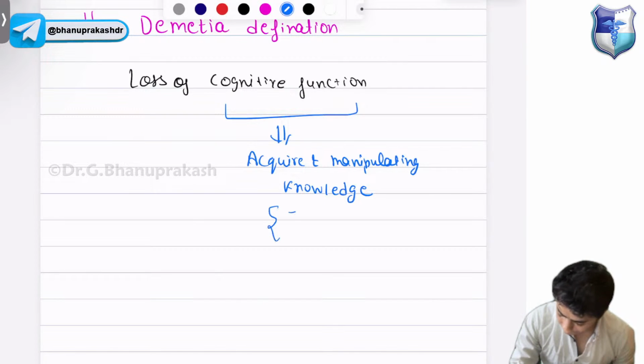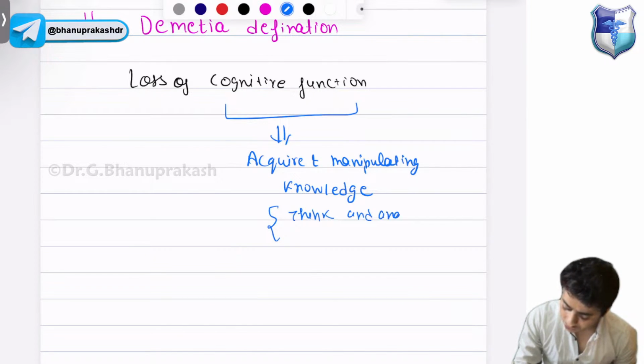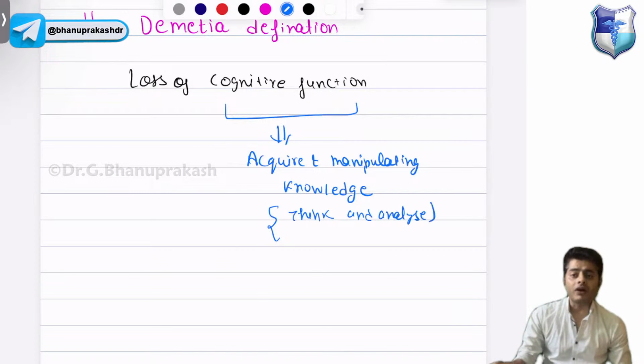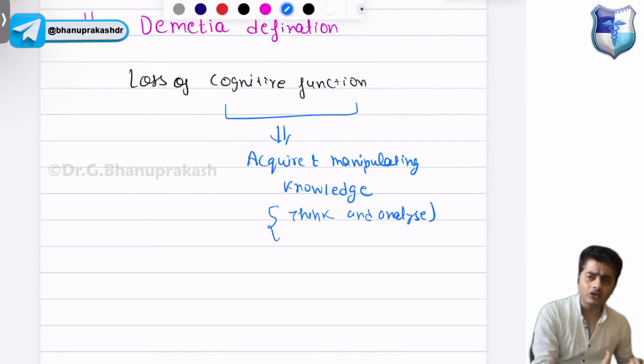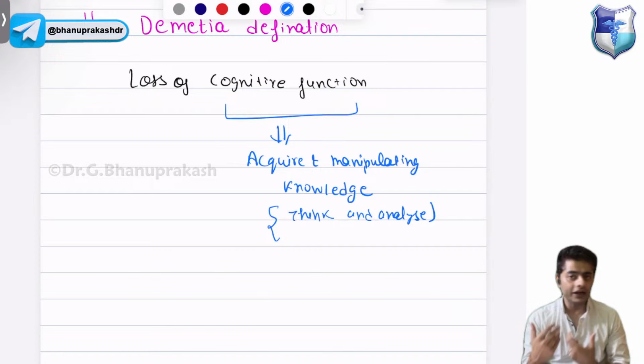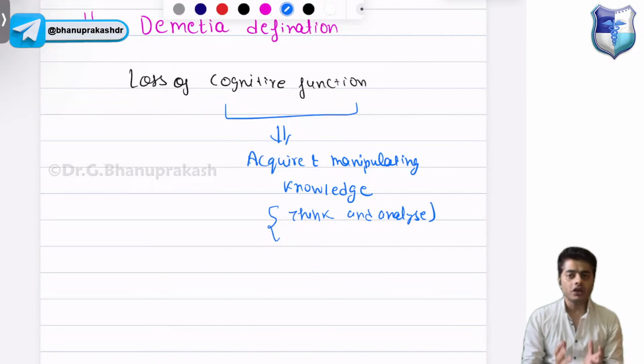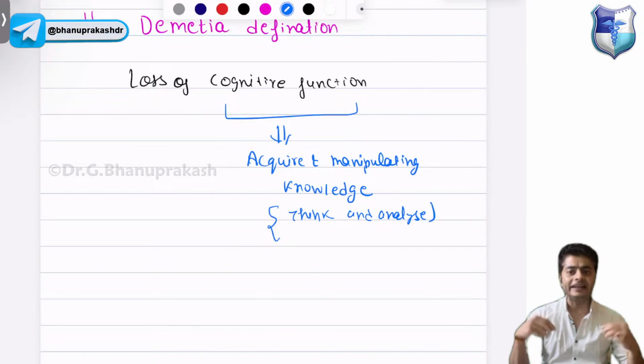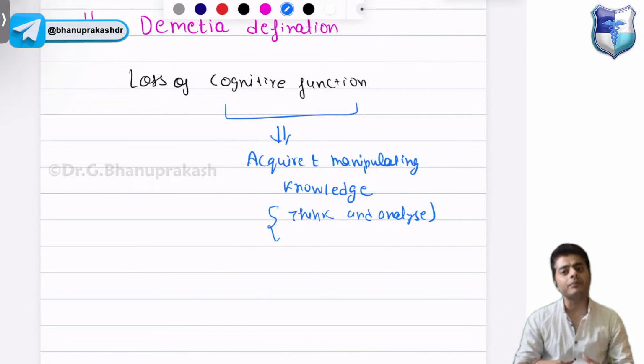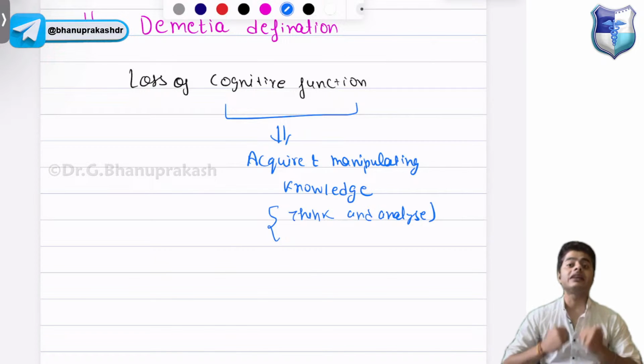See, how can you think and analyze? You have seen many times that we say a child is not that intelligent while an adult is very intelligent, because as we grow our cognitive power improves. So what do you understand by cognitive power? It means how much you can think, how intelligent you are, how much you can analyze something, how you can understand something.